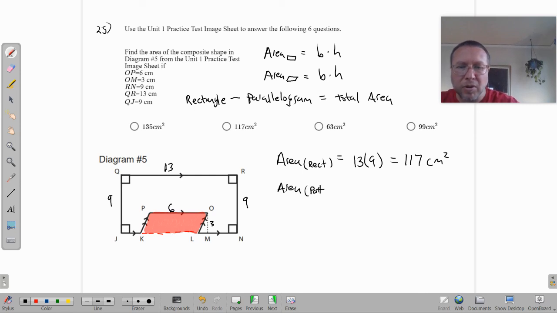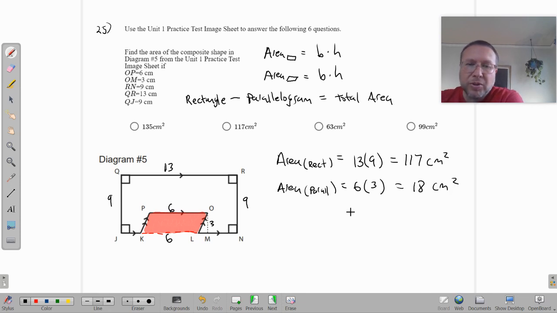So the parallelogram, let's figure out what the base of it is. If this is 6, that means that this would be 6. So it'd be base, which is 6, times the height. They give us the height there, it's 3. So 6 times 3 would give me 18.